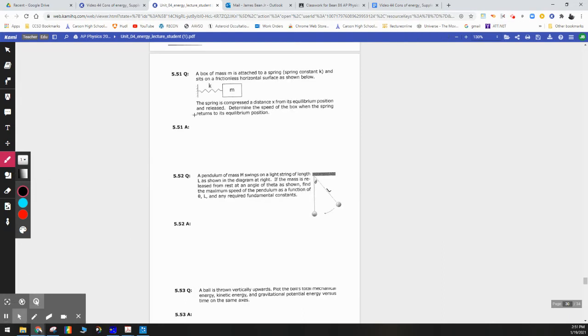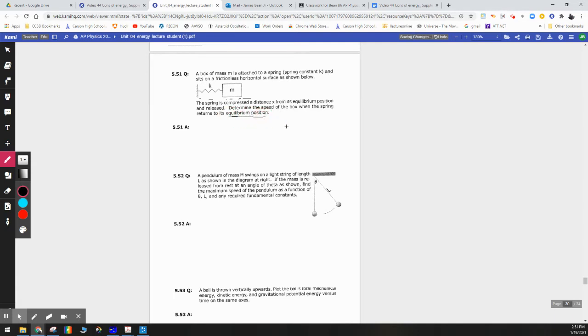All right, 5.51. A box of mass M is attached to a spring with a spring constant K and sits on a frictionless horizontal surface. The spring is compressed a distance x from its equilibrium position and released. Determine the speed of the box when the spring returns to the equilibrium position.